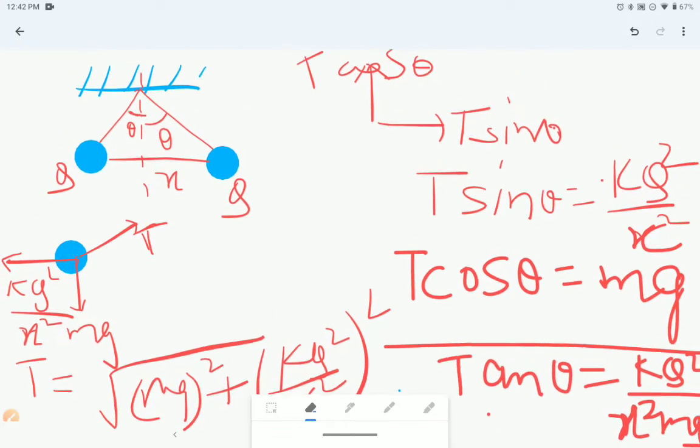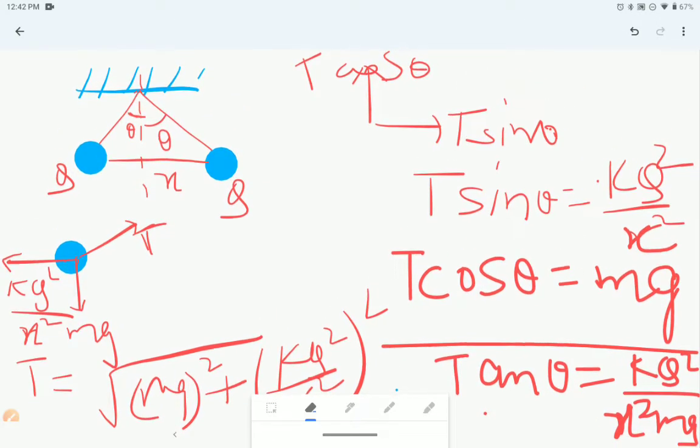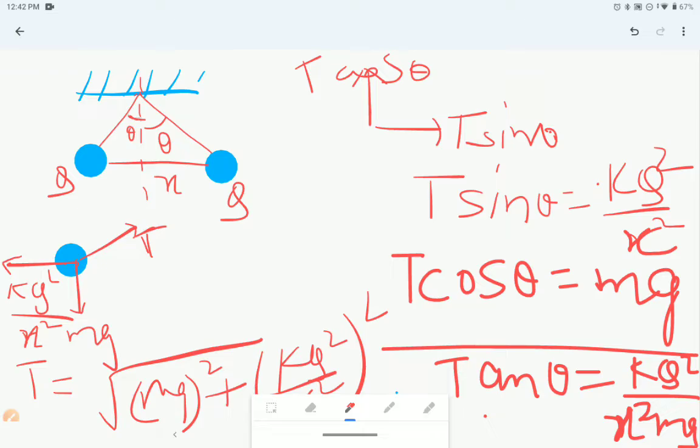Let's do it here only. See, now theta. This is x, right? This is x by 2, and this is, let's say, y. No, this is L, right?